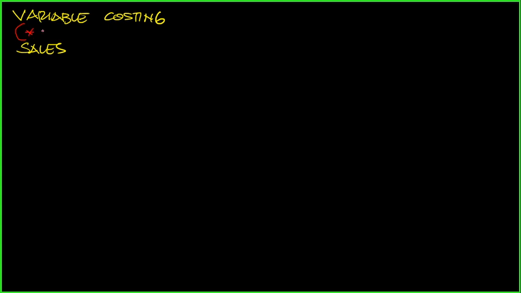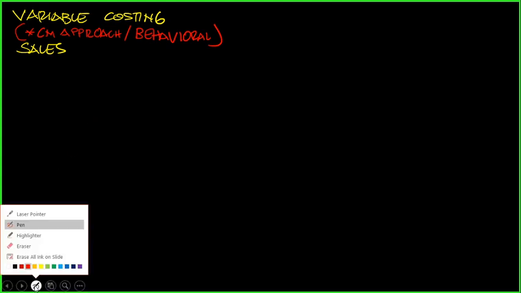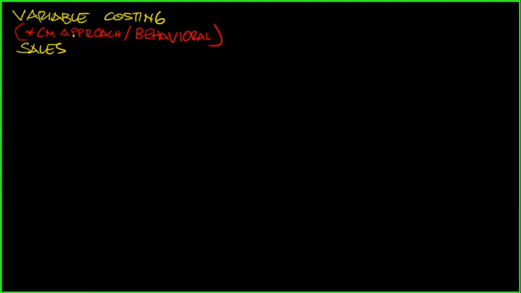Okay, so ayan. Under contribution margin approach, ilalagay natin yan. Or contribution margin method, also known as behavioral method. Behavioral. Yan. So you have your behavioral method, wherein costs will be classified according to their behavior. So let's go back to yellow.